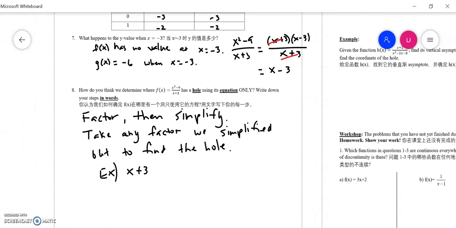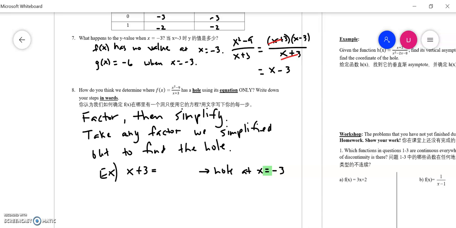So x plus 3 is going to eventually give us a hole at x equals negative 3. So how do we do that? We've got to get x plus 3 to somehow create x equals negative 3. Notice that on the right here we have an equal sign, but we don't have one on the left, so let's add an equal sign.